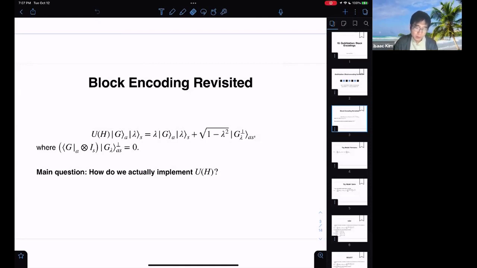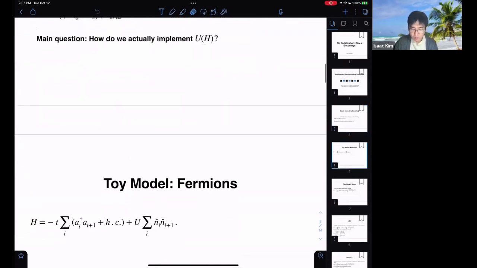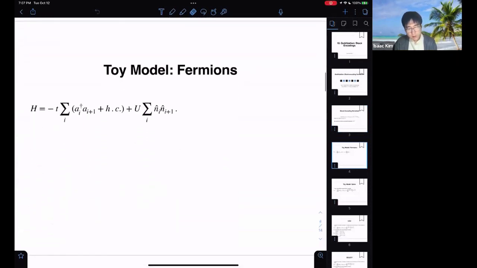Because this course is about Hamiltonian simulation, I will again focus on something that is related to a many-body system. So again, consider a toy model of fermions, which is locally interacting with each other on a one-dimensional line. Although I'm focusing on 1D models, generalizations to 2D is straightforward.